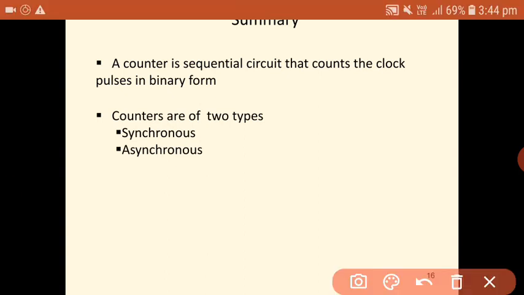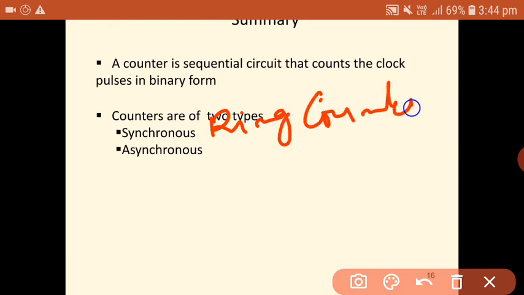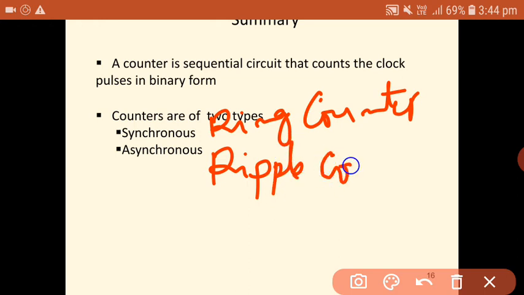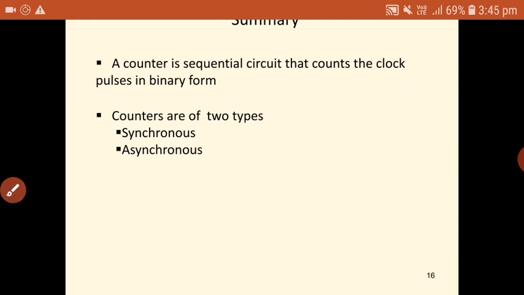The example for synchronous counters is the ring counter, and the example for asynchronous counters is the ripple counter.